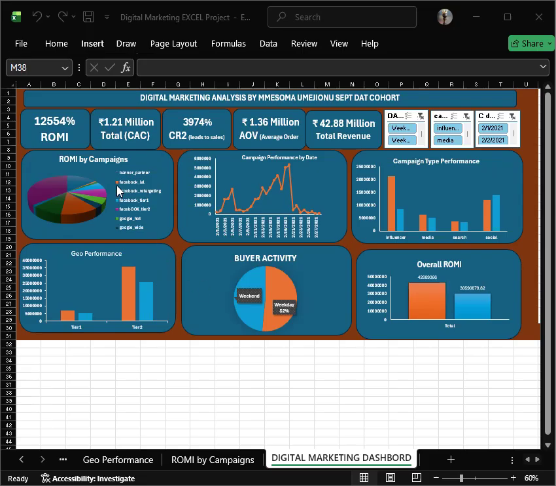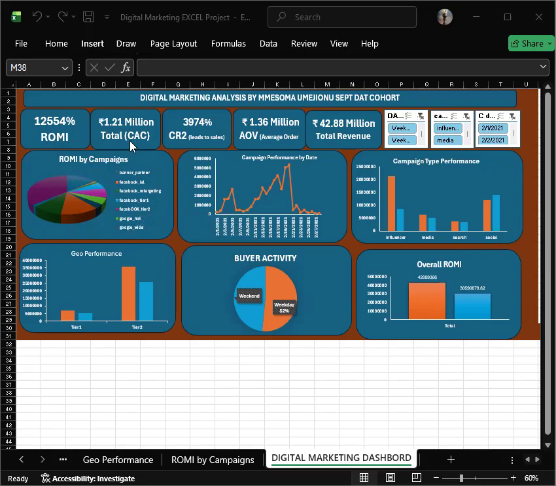Starting with the key performance indicators up here, we can see the return on marketing investment, the ROMI, to be around 12,554%. This is indicating an extremely strong profitability from marketing spend.